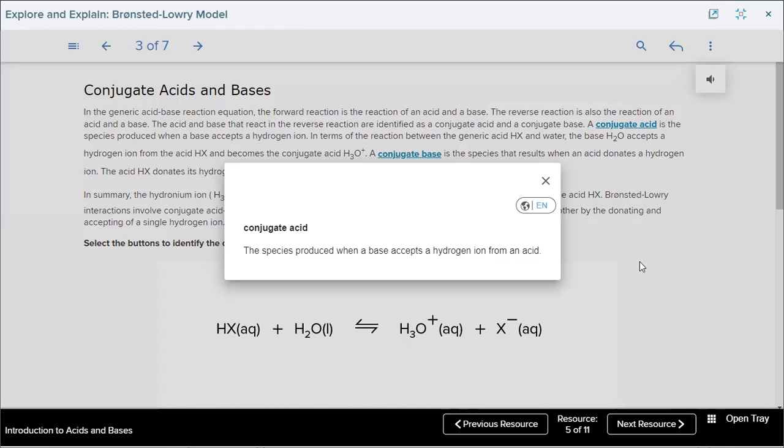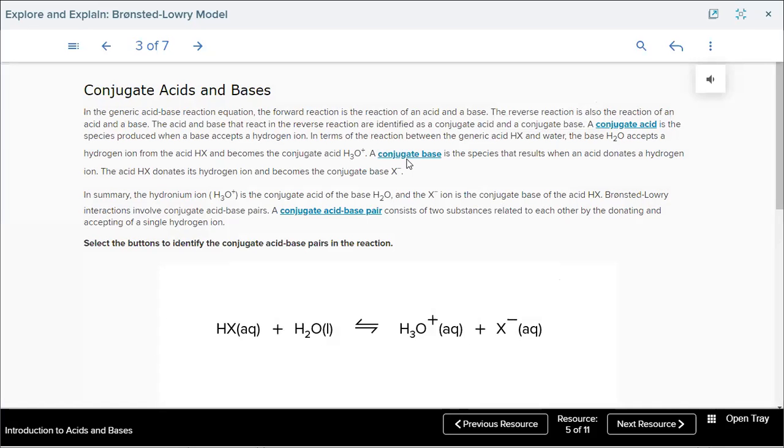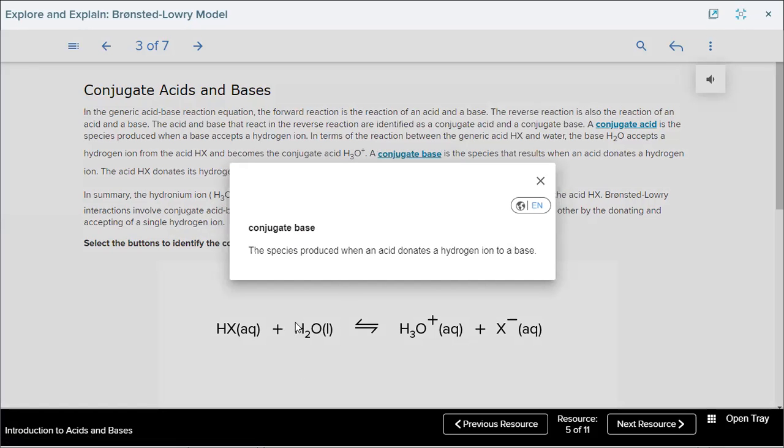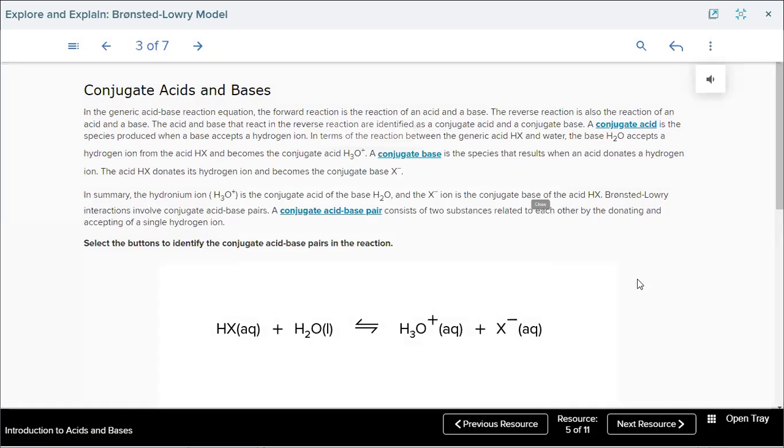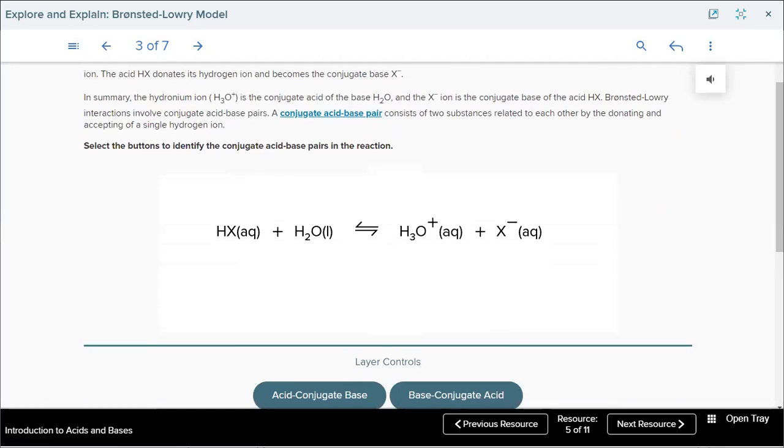The species produced when an acid donates or gives a hydrogen ion to a base will be a conjugate base. And this is the difference between conjugate acid and conjugate base.